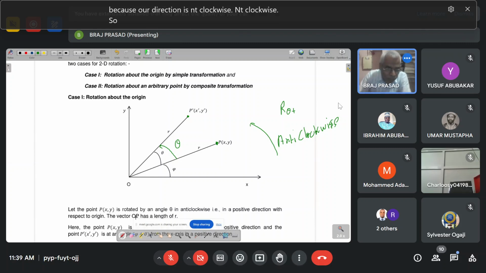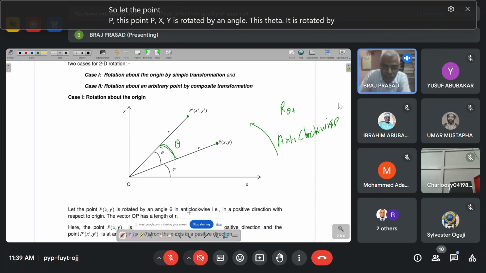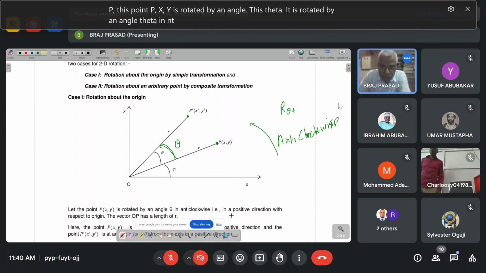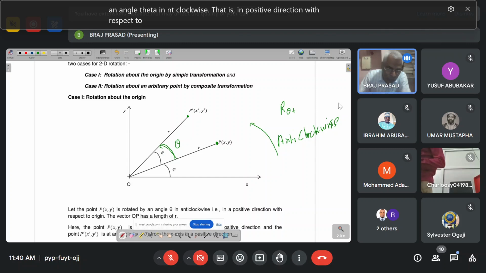So let this point P xy be rotated by an angle theta in anti-clockwise, that is, in positive direction with respect to this origin. This is our vector OP.